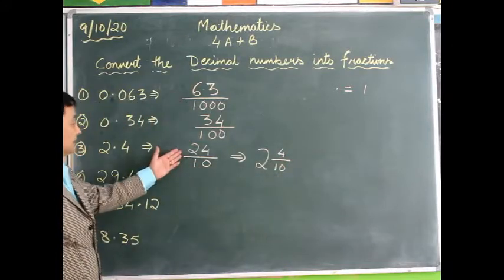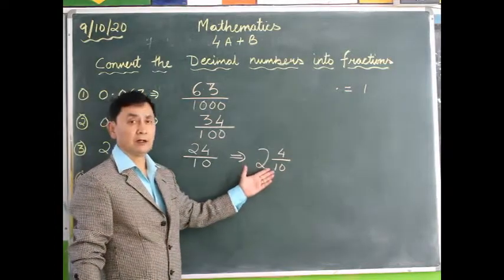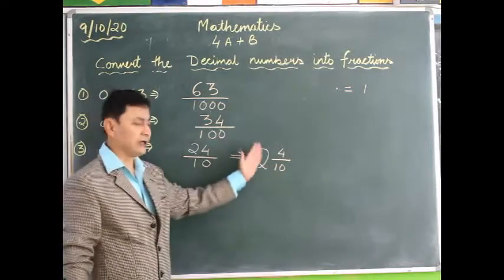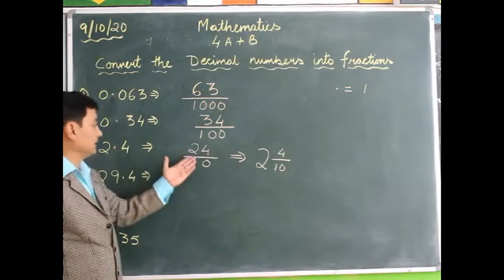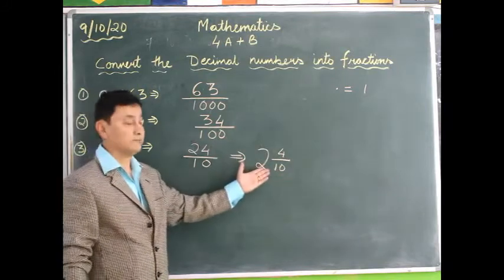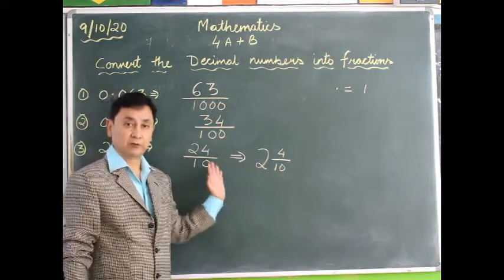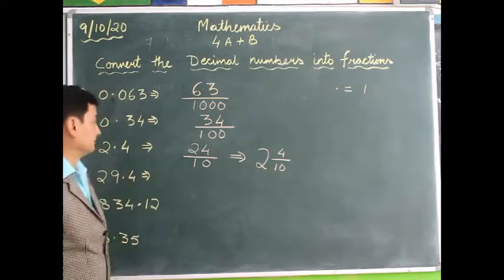So we have converted this improper fraction into a mixed number. Now you can do it any way. You can convert this decimal number into an improper fraction, or into a mixed number. I've done this two ways so that whichever way you find easy, it can be done.